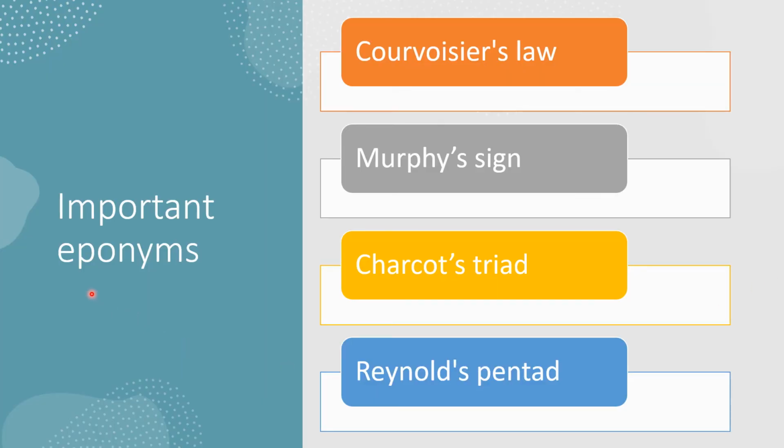And then you have the important eponyms that must be kept in mind when you examine or clerk the patient. Courvoisier's law states that in a patient with obstructive jaundice, if the gallbladder is palpable, then it's unlikely to be caused by a gallstone obstruction.